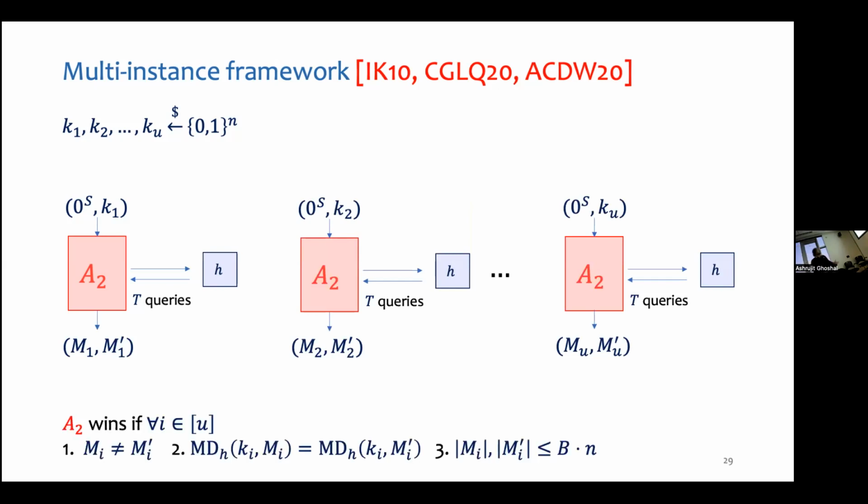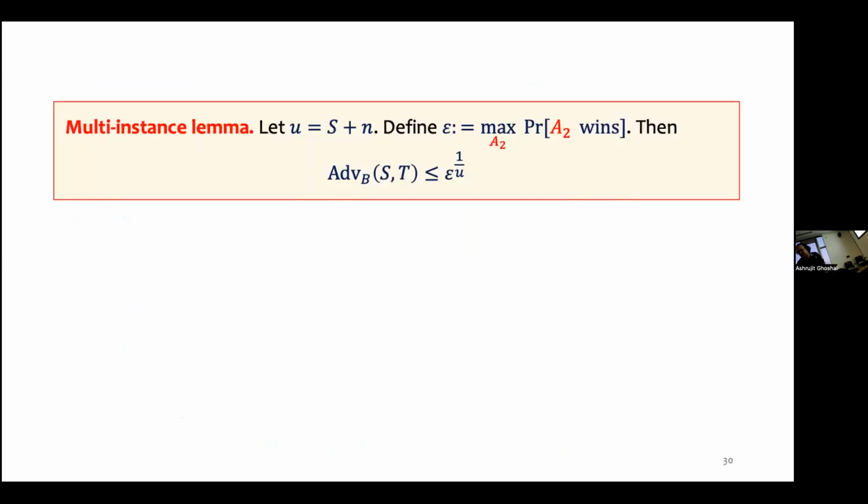The adversary A2 wins if for all the keys it actually finds B block collisions. And here's the key point of the framework. There's a lemma that tells us that if we can upper bound the advantage of the adversary in winning the multi-instance game, this directly leads us to an upper bound on the advantage of an ST adversary in the game that we are interested in.